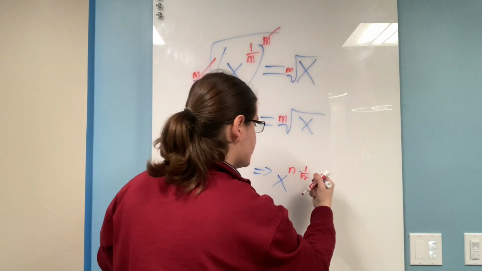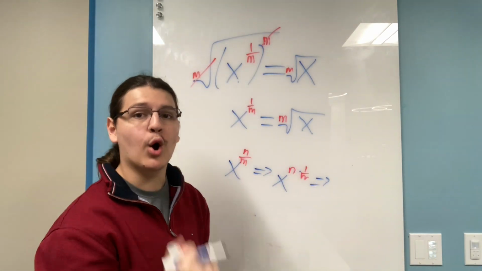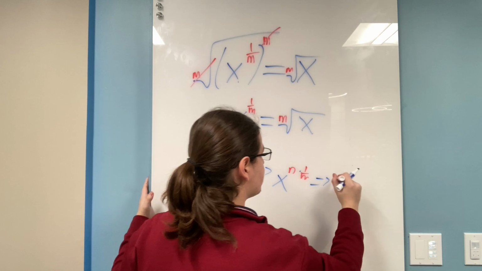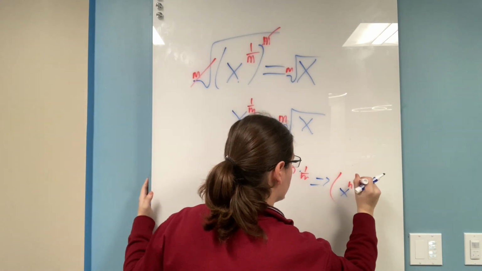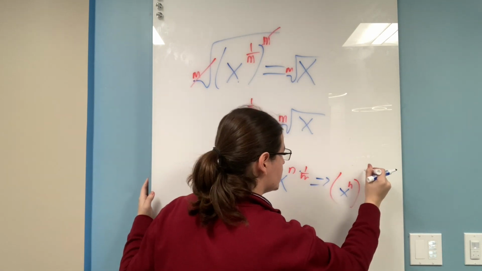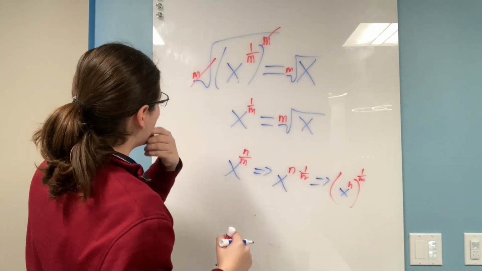And then from there, instead of keeping it together, we can split it apart once more. Meaning that in parentheses, we have x to the nth power raised to the 1 over m.